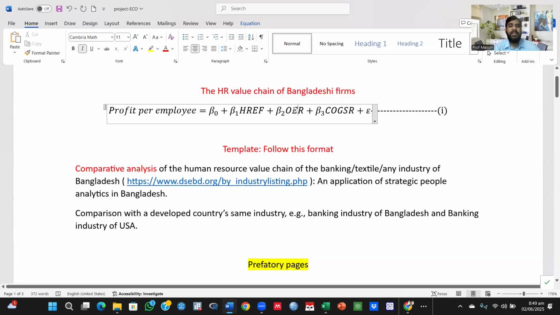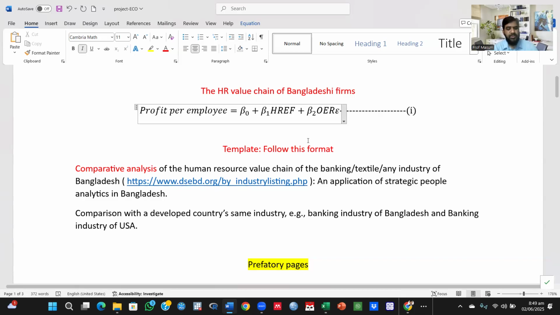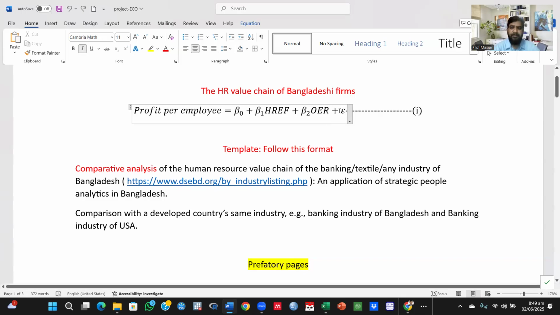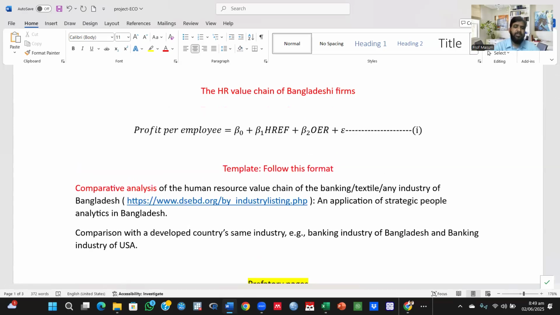And then you will also give the relationship of what? Operating expense ratio. Then cost of goods sold ratio. Forget about the third variable. With these two variables, let's begin. And then you will also quantify the error. E means error. This is your research model.